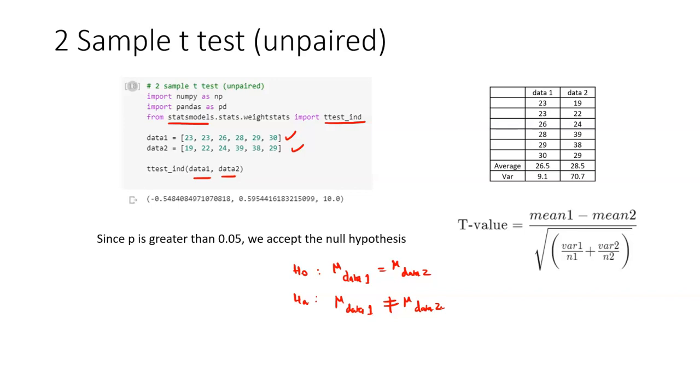So how do you go about it? First, you find the average and the variance. So this is the formula that you can use. But we have already got the t value and also the p value. So here p is greater than 0.05. That's what it is coming as. The execution of the code gives us the t value and the p value. So from this, I can directly infer that the null hypothesis has to be accepted because the p-value is greater than 0.05.